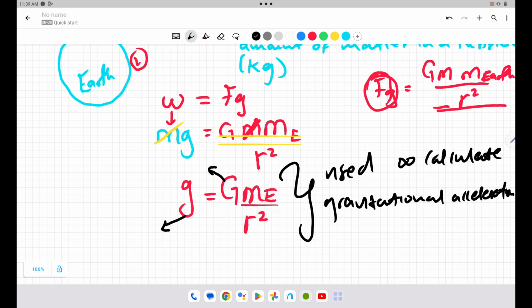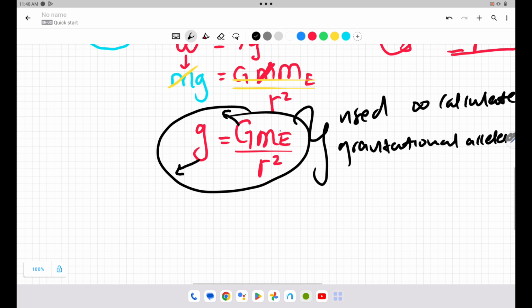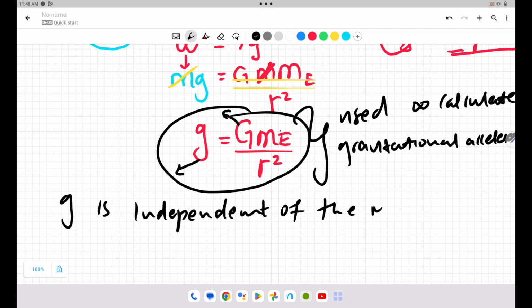This is the gravitational constant, and the mass of the planet Earth. So looking at the equation, this tells us that g is independent of the mass of the object. But what does g depend on?